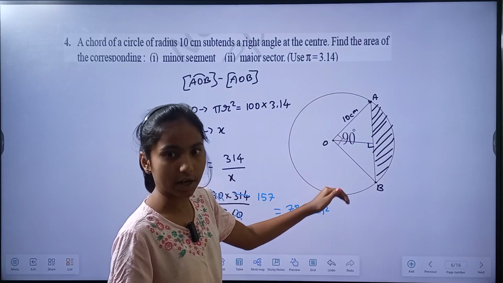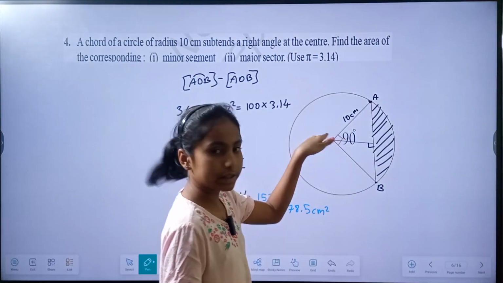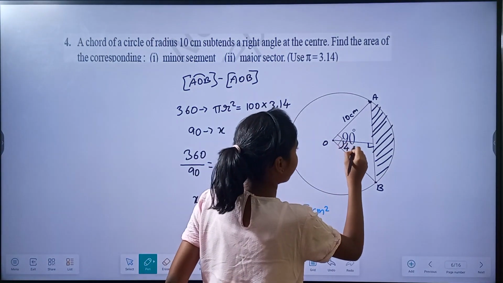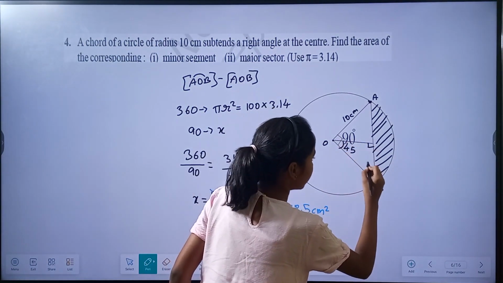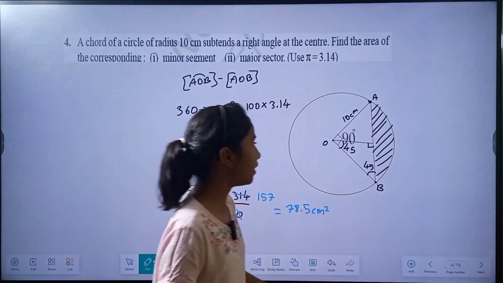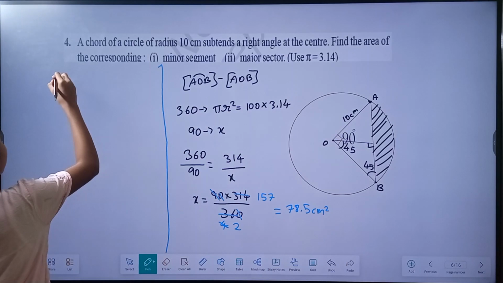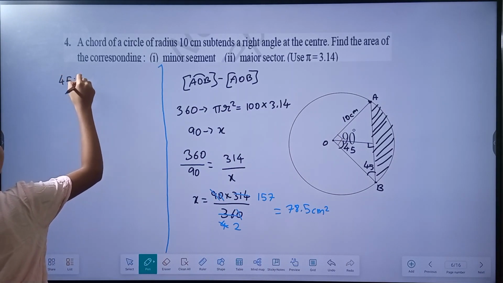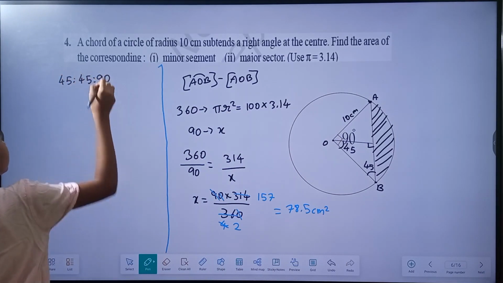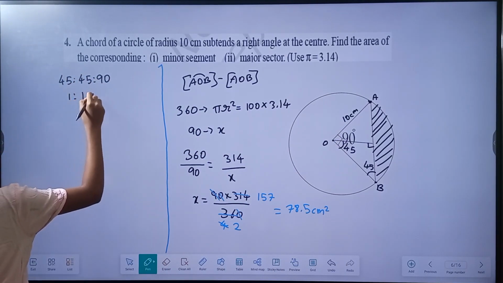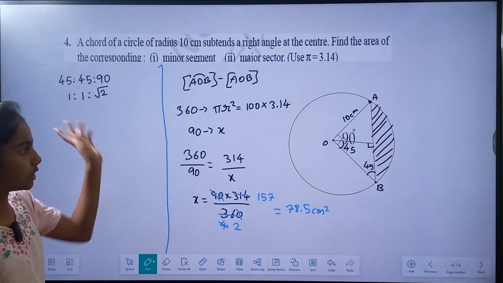Since this is an isosceles triangle, we have proved before that this altitude bisects the angle AOB, so we can write directly this one equals 45, and this one is also 45. So again we got a 45, 45, 90 triangle, and the sides opposite these angles are in the ratio 1 is to 1 is to root 2.